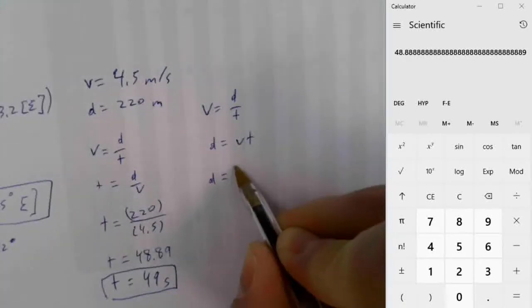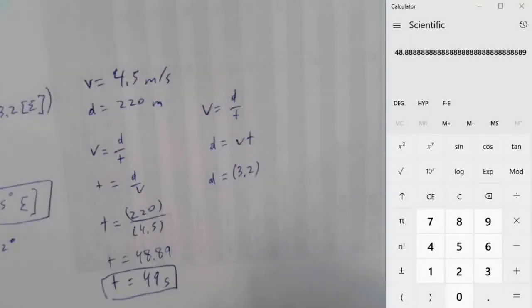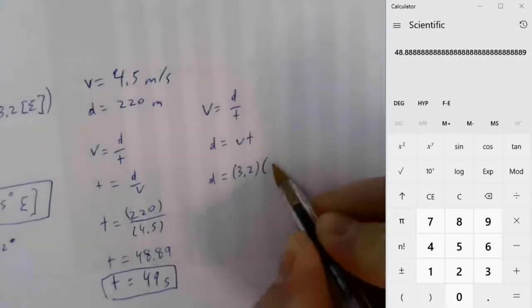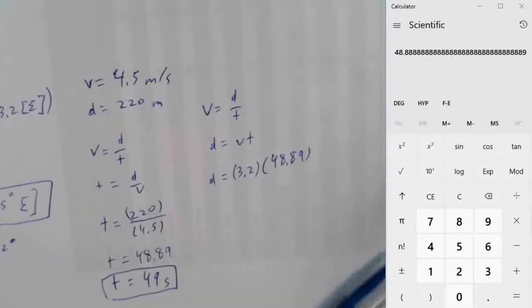I replace the v with my 3.2 meters per second to the east. My time is 49, but I really should be using my value here, 48.8 repeated, or 220 over 4.5. So I'm going to write this in as 48.89. That'll give me enough decimal points to make this accurate.